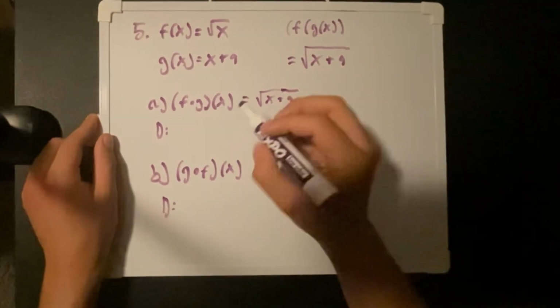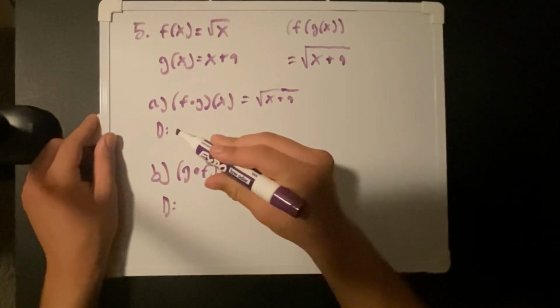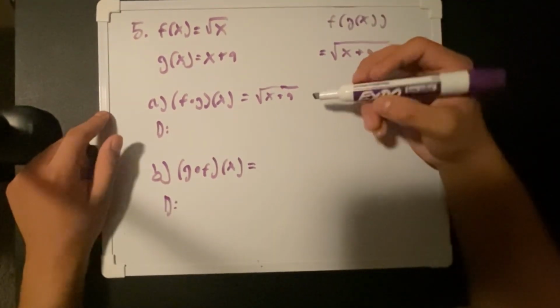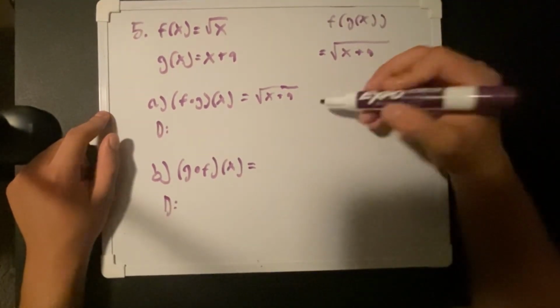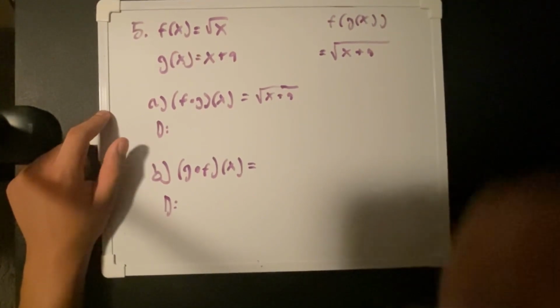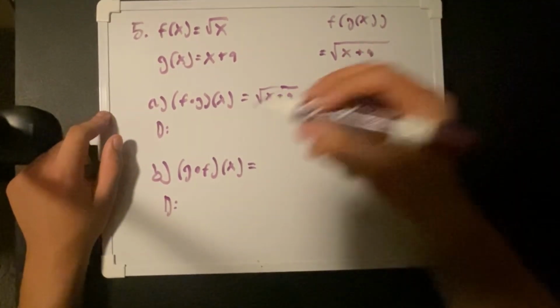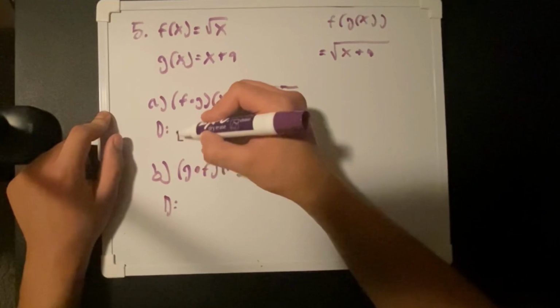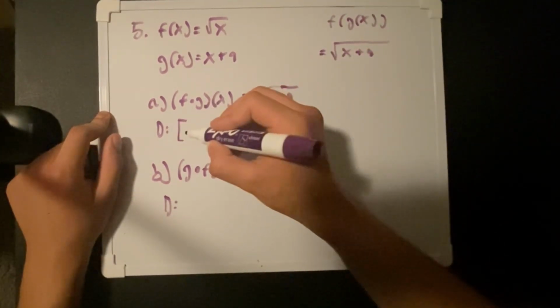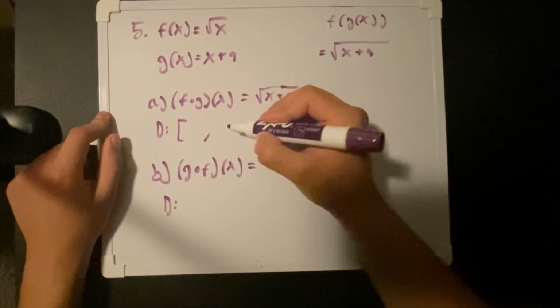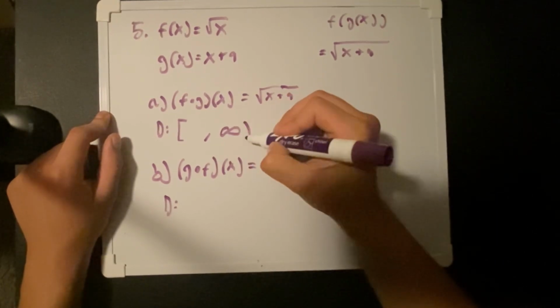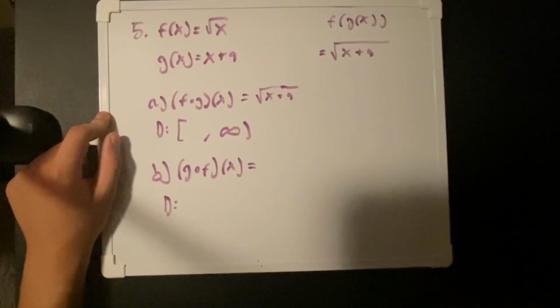However, the solution also wants us to find the domain. So our solution is the square root of x plus 9. But how do we get the domain? Well, we know that the domain will always be positive and inclusive. So it would likely be a value to infinity, which is not inclusive. Now, what is this value and how do we figure it out?